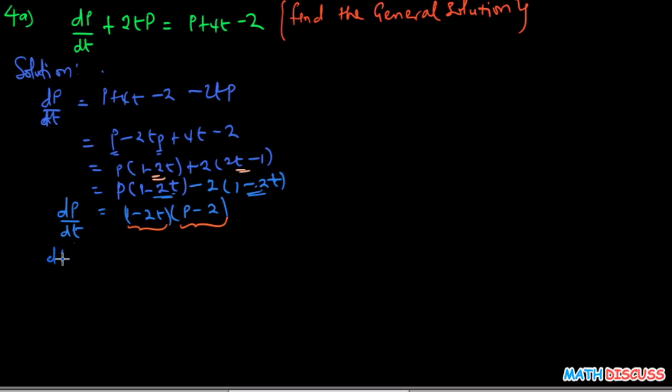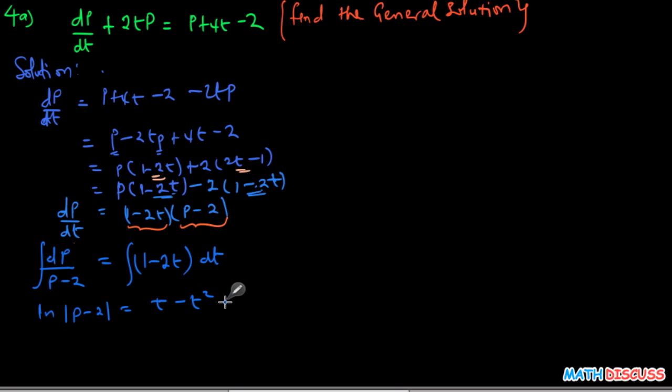We have dp over p minus 2 equals 1 minus 2t dt. So the next thing is we integrate both sides. This is going to be the ln of p minus 2 equals t minus t squared, then plus our arbitrary constant. So when you simplify that, we're going to skip some steps here.